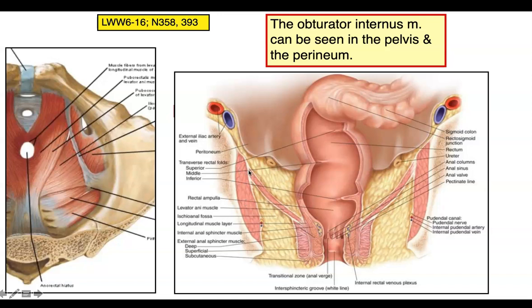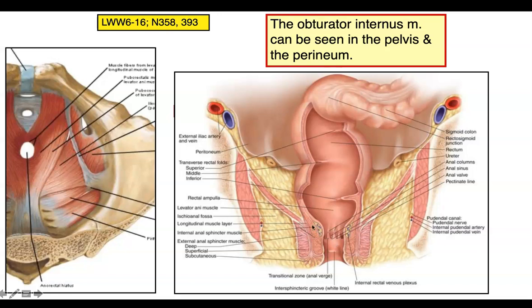And from approximately the middle of the obturator internus muscle, from the tendinous arc, this levator ani muscle from both sides fuses with the external anal sphincter muscle. And in between this levator ani and this obturator internus muscle, this pyramidal or wedge-shaped space is called the ischio-anal fossa, in between the ischial tuberosities and the anal canal.